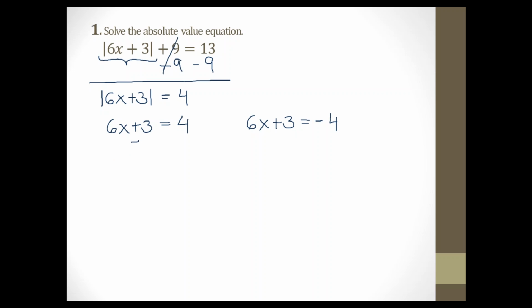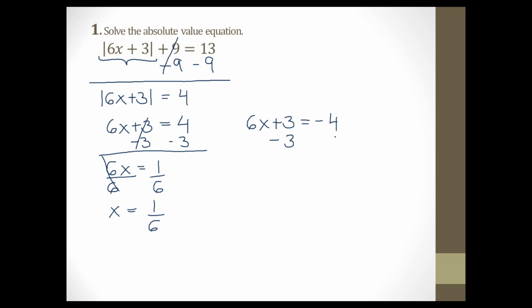Let's start over here. We subtract 3 from both sides, so we are left with 6x is equal to 1. Then dividing by 6 on both sides, we get x equals 1 over 6. So we have our first answer, and now let's do it again.